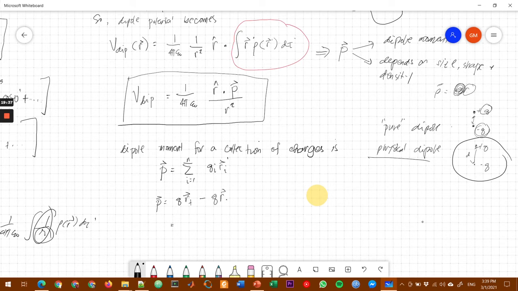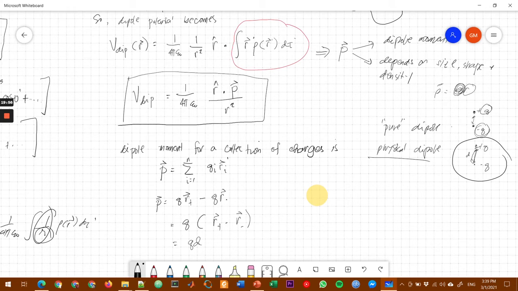It's minus because one of them is negative. Then q is common, so we have r plus minus r minus, which is just the distance d between them. So this is just qd.